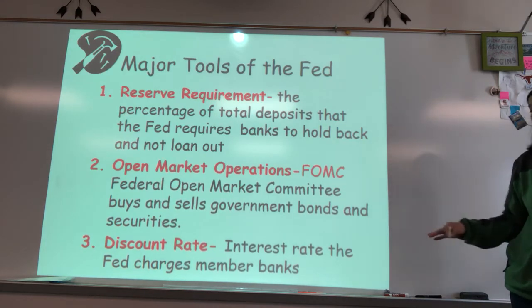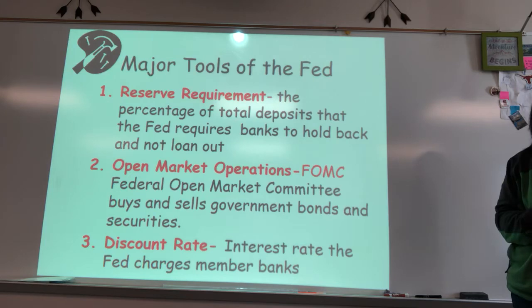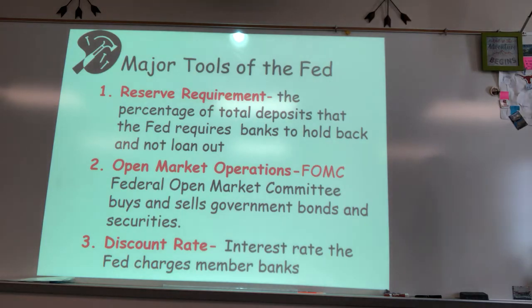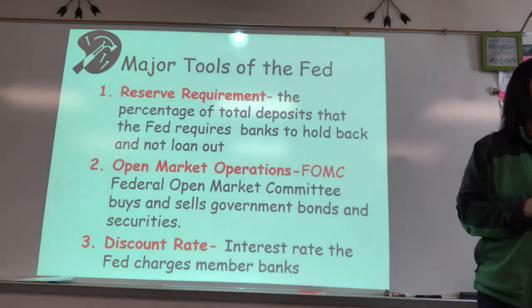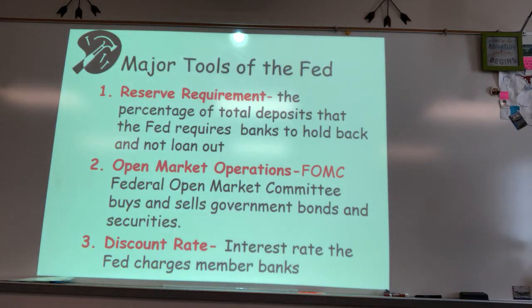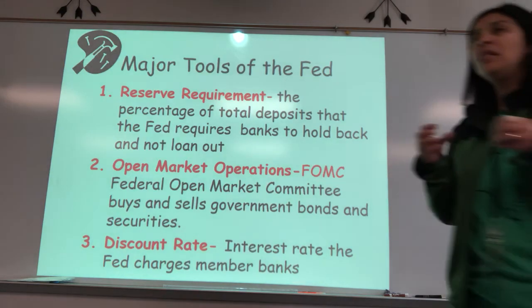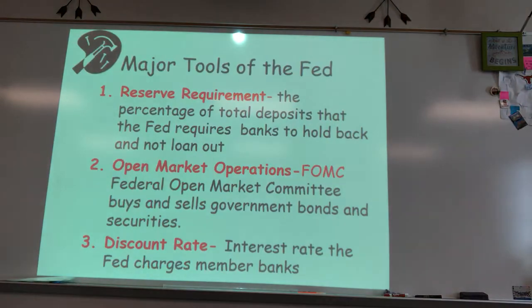Okay. The next one is the discount rate. The discount rate is the interest rate that the Fed charges member banks. So do y'all remember when Hurricane Harvey hit in Houston? It was like 2 years ago, right? So did people want to have their debit card on them, or would they want cash?